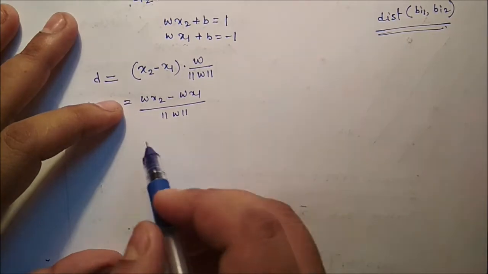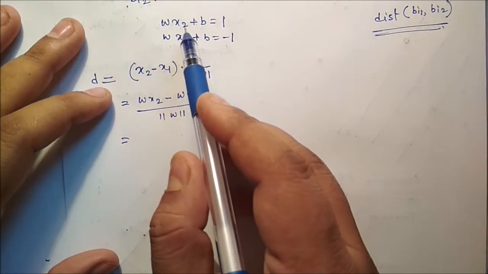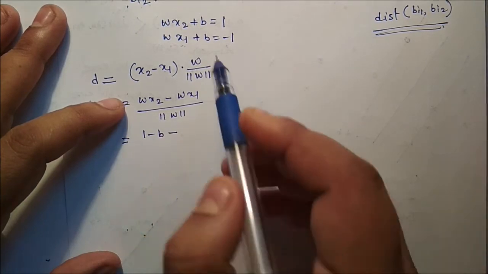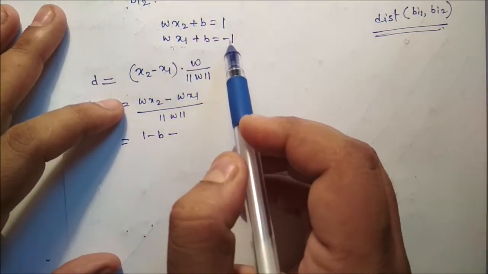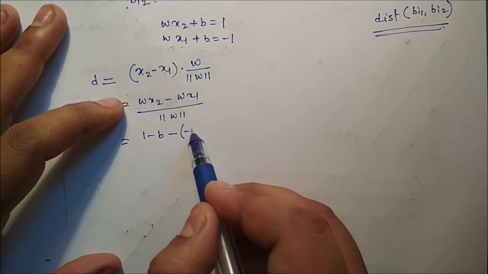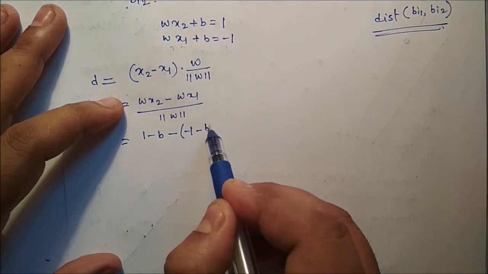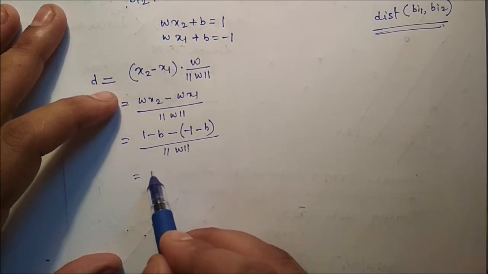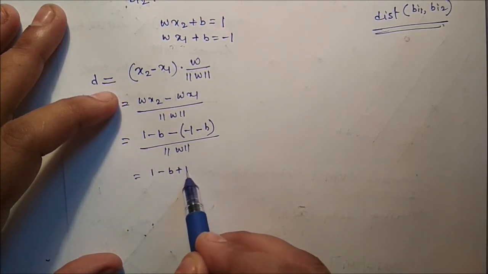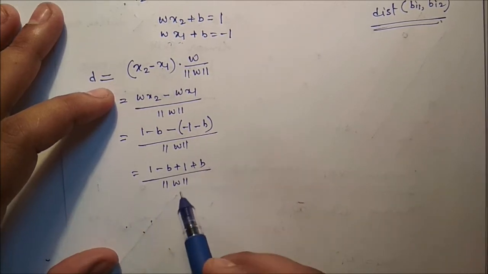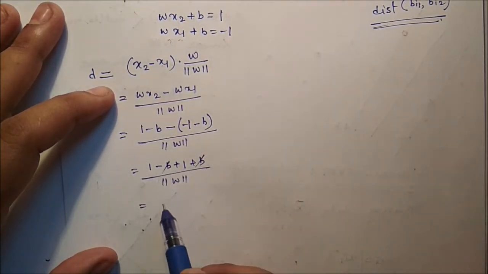So we can solve further. w x2 is 1 minus b, and w x1 is minus 1 minus b. So (1 minus b plus 1 plus b) divided by the norm of w. So we can write 2 by norm w. That is the width.